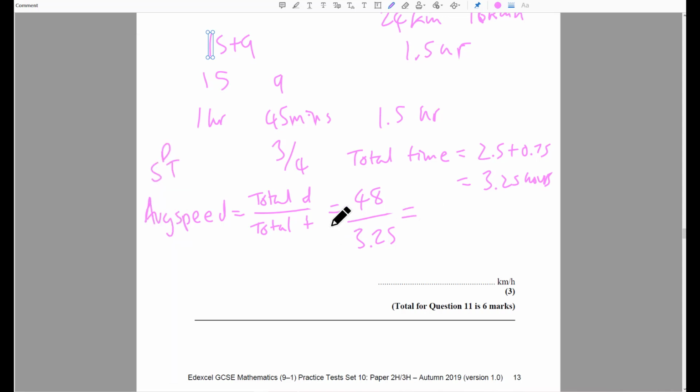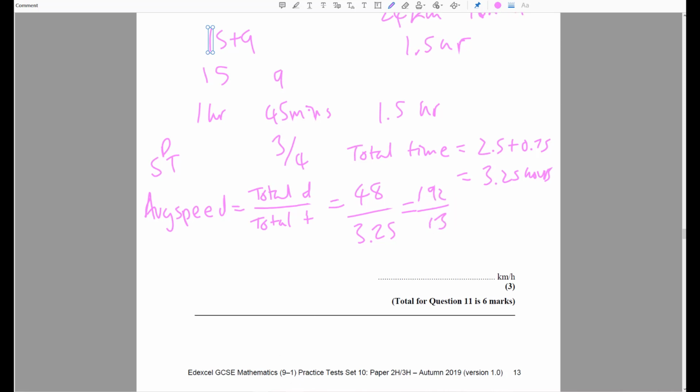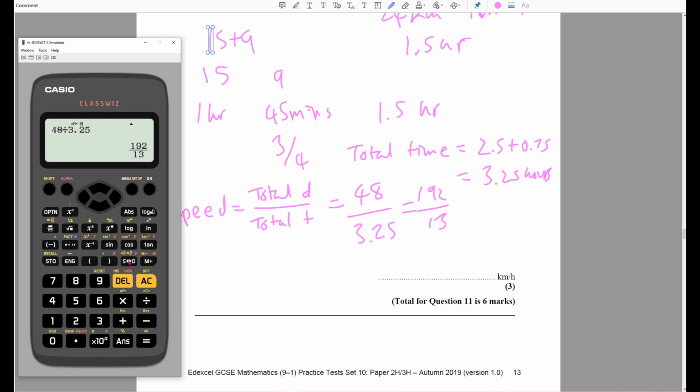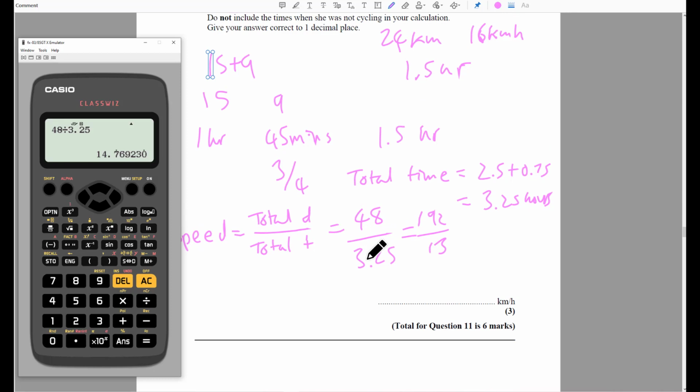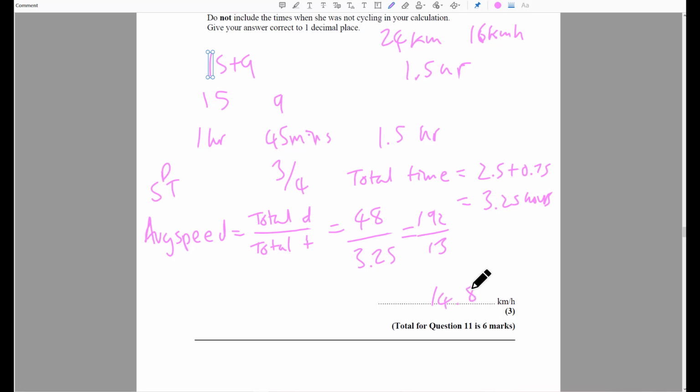Equals 192 over 13. Just to 1 decimal place, that's easy enough. That's 14.8. Yeah, that's our 3 marks. I was trying to find an easier way to do it, but this is how you do that question essentially.